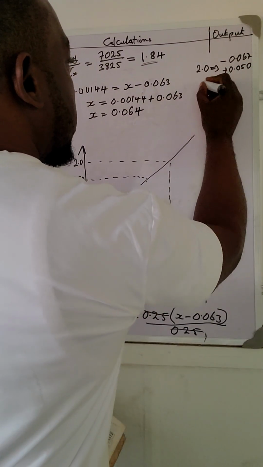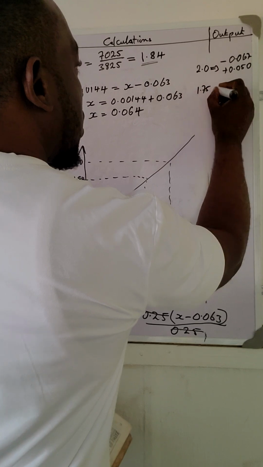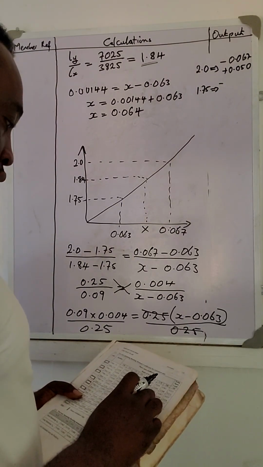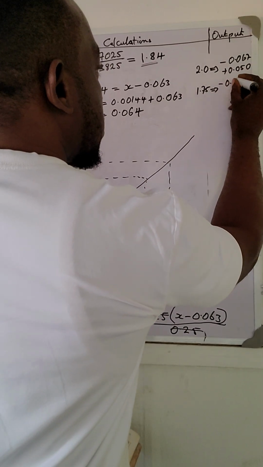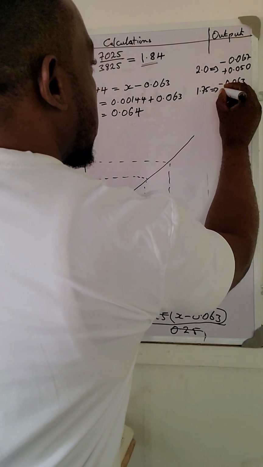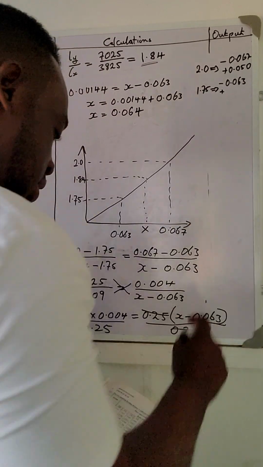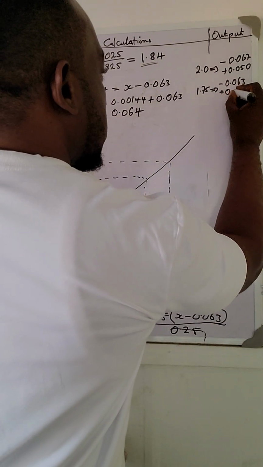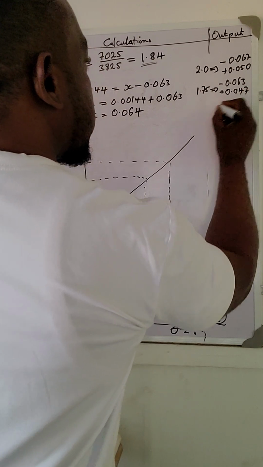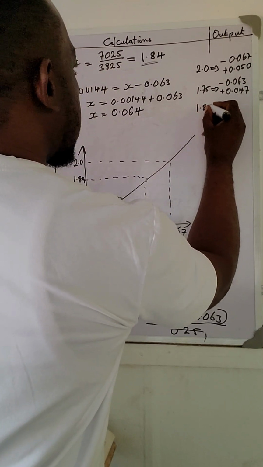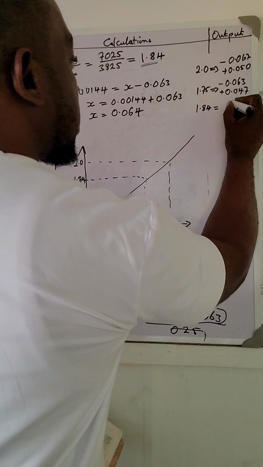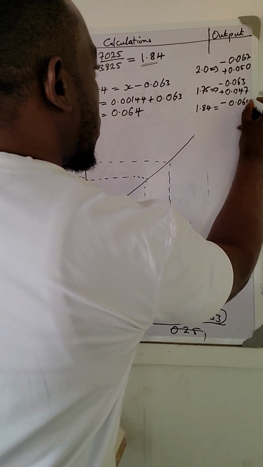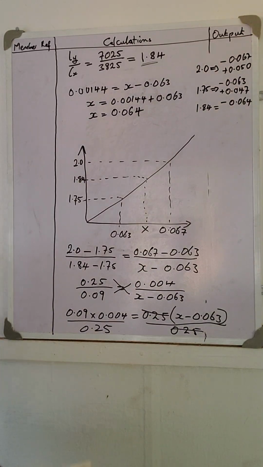For the 1.75, the negative coefficient was 0.063, and positive we now have 0.047. So in this case, for 1.84 the negative is now 0.064, which makes sense.